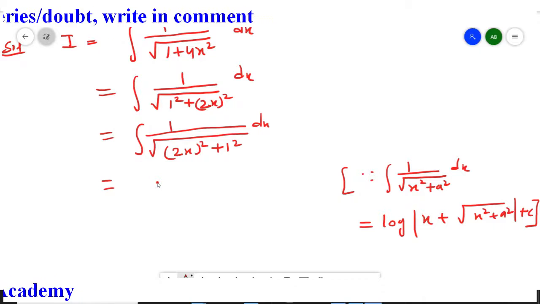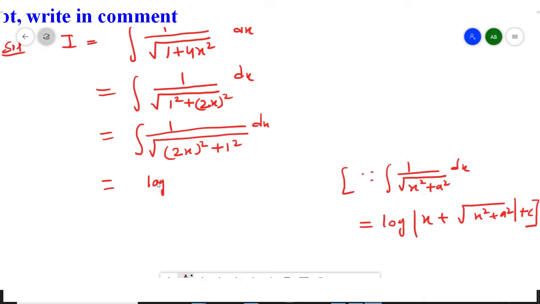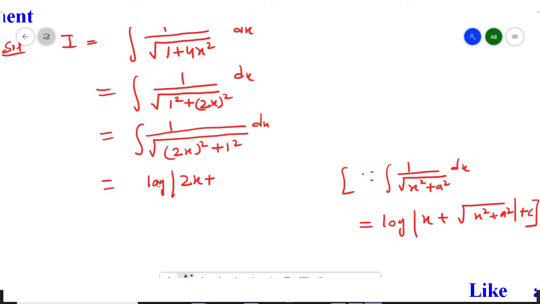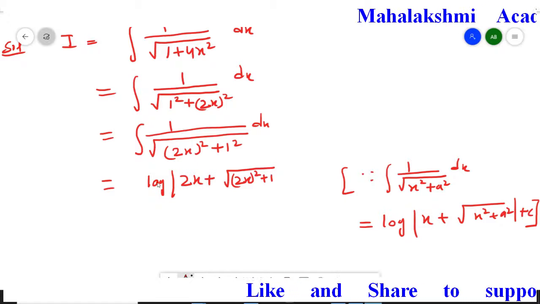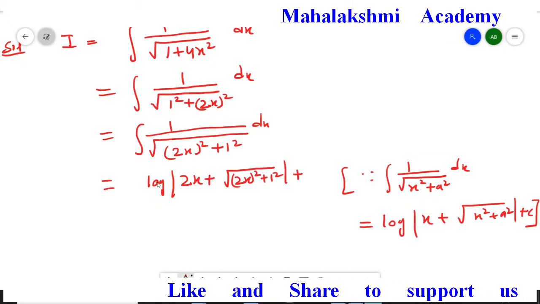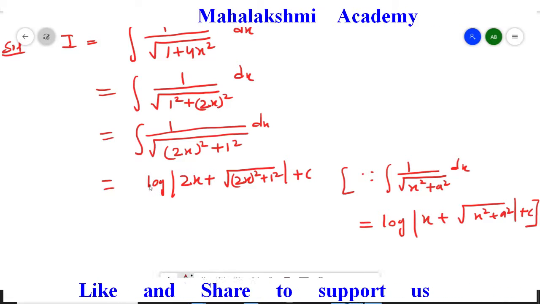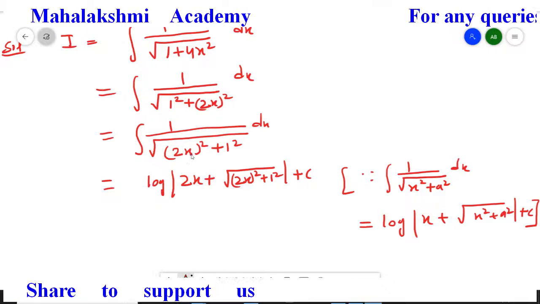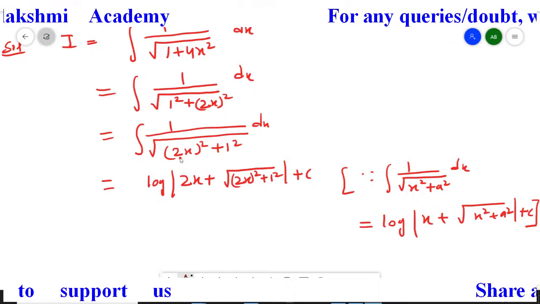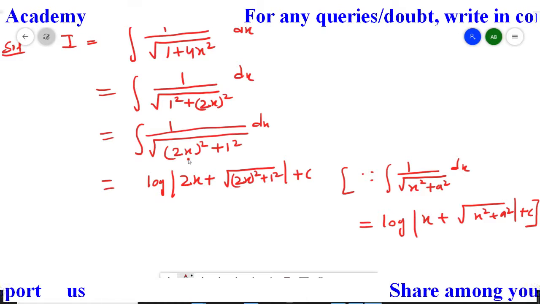So the formula is log mod x, and instead of x we have here 2x, plus square root of the complete expression, that is (2x) whole square plus 1 square, mod, plus c. Now when we apply the chain rule, we have to differentiate this 2x. The differentiation of 2x is only 2.